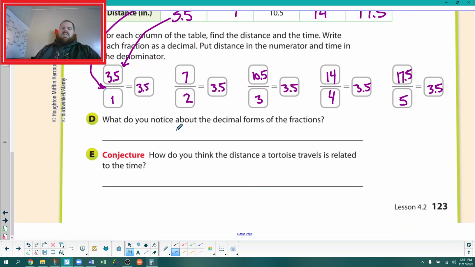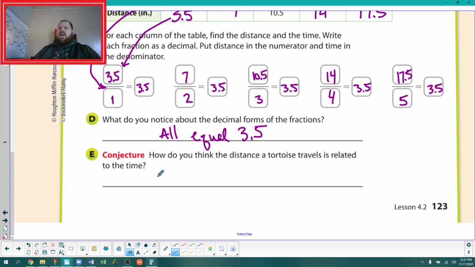So what do you notice about the decimal forms? They all equal 3.5. So how do you think the distance the tortoise travels is related to the time?